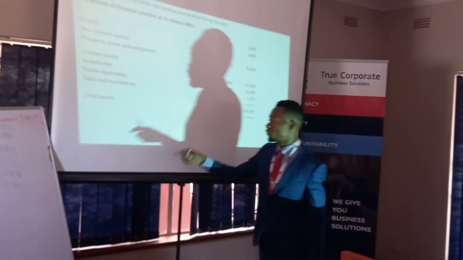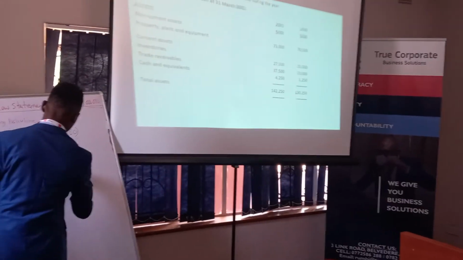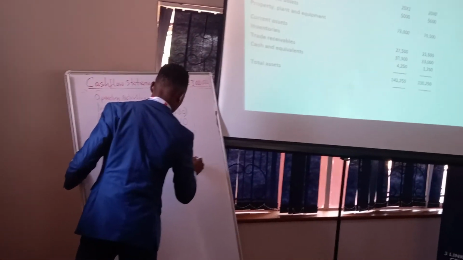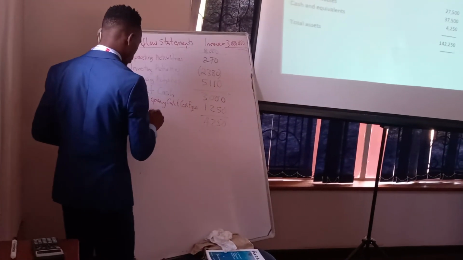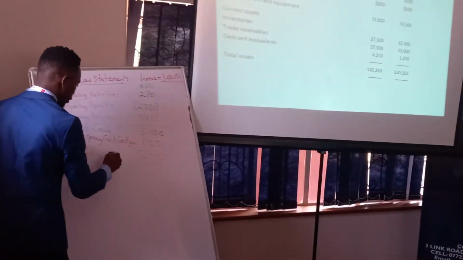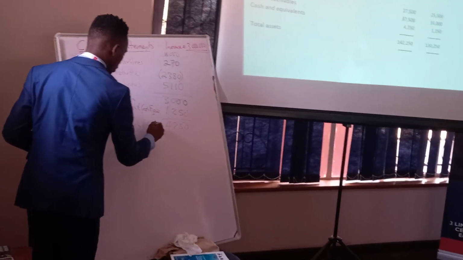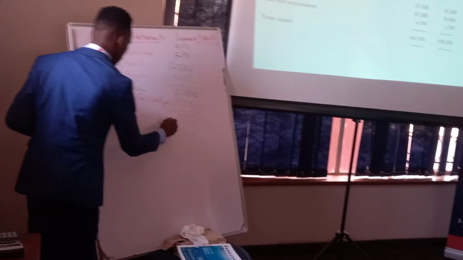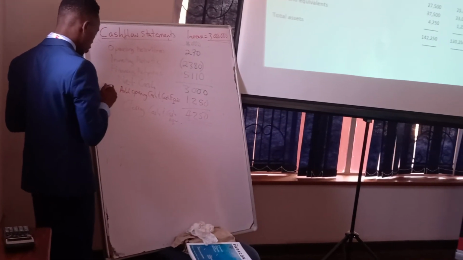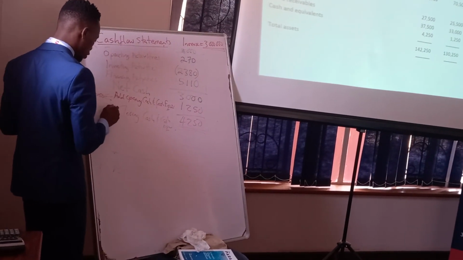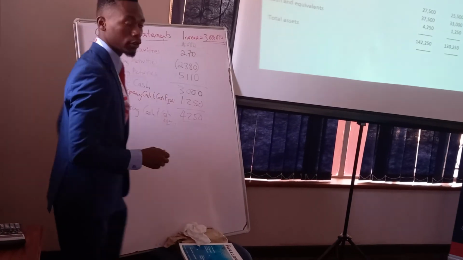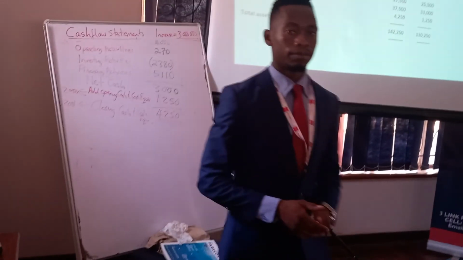So you add the 1,250, then you get what? 4,250. That will be your closing cash and cash equivalents. And this one is for 2001. So that's Cracker Company.